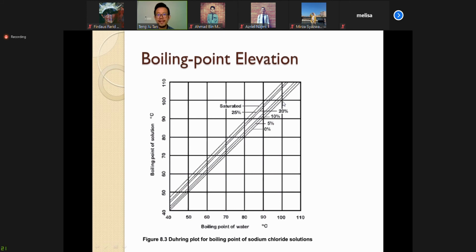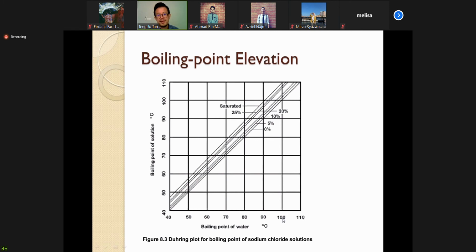But when you increase the solute, you add more sodium chloride, let's say 5%, then 10%, 20%, 25%, and then the last one, saturated, maximum. When you go from 100 degrees Celsius for water, it will be 110 for the saturated sodium chloride solution's boiling point at the same atmospheric pressure.